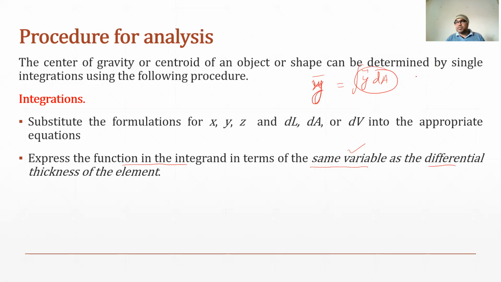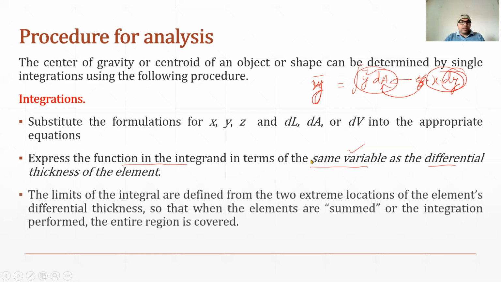It should be such that dA can be x into dy. If we replace this value here, you can see y and dy have the same variable, same integrand. So we will be doing that in the example.